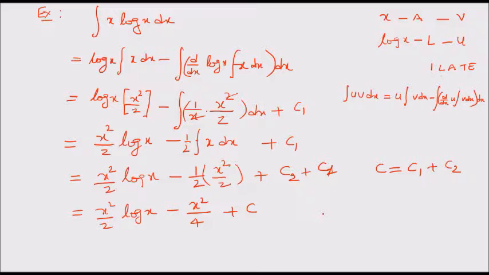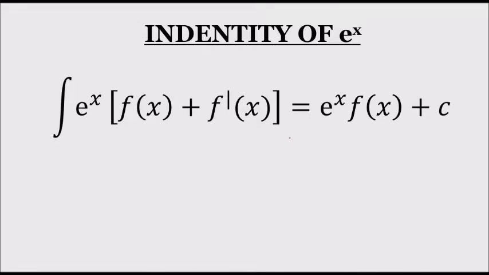Now we have an easy means to identify the structure and directly guess the answer. In integration by parts, if it is an exponential form and we have a direct structure like this, e power x and a function of x and its derivative, then its output we can write like this. What is f of x and f prime x? Let me give you a brief here.